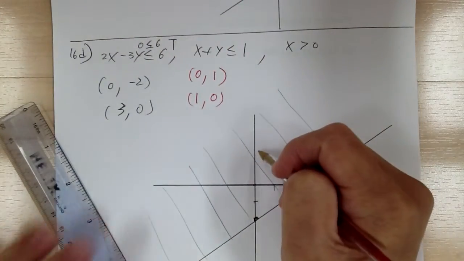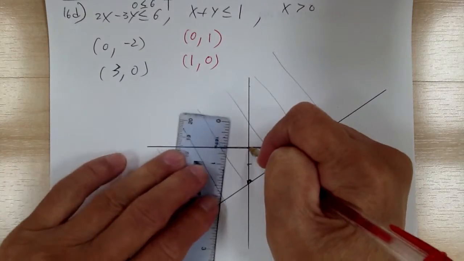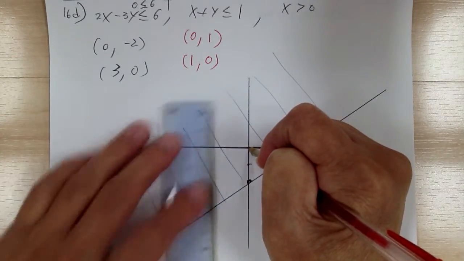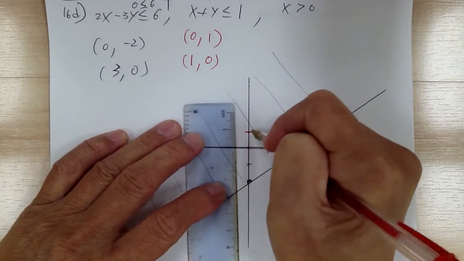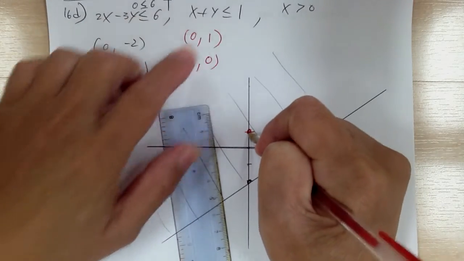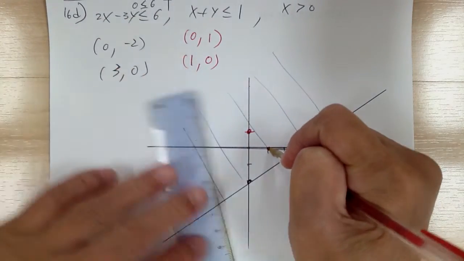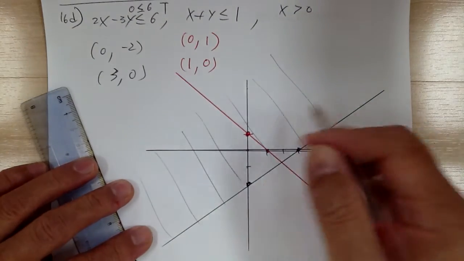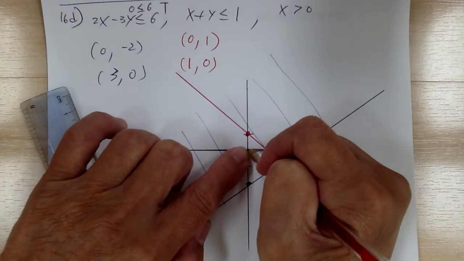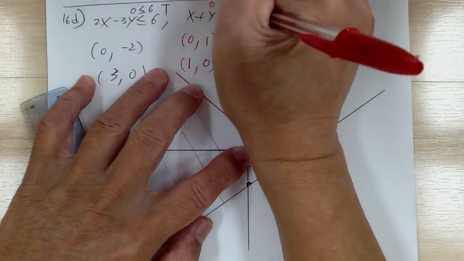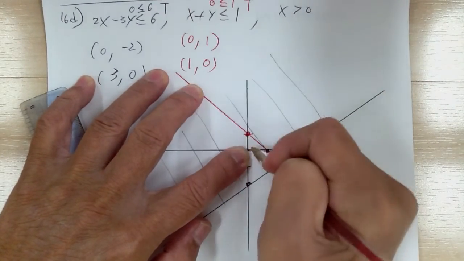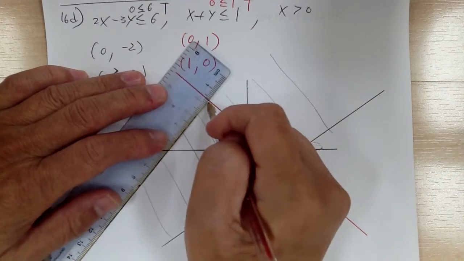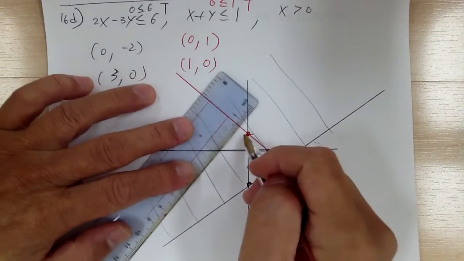So you got (0, 1), which is right over here, and this is going to be a solid dot. The next one is (1, 0), right over here. Using (0, 0) as your test point, you get 0 less than or equal to 1. That's true, so you're going to shade in this part right over here.